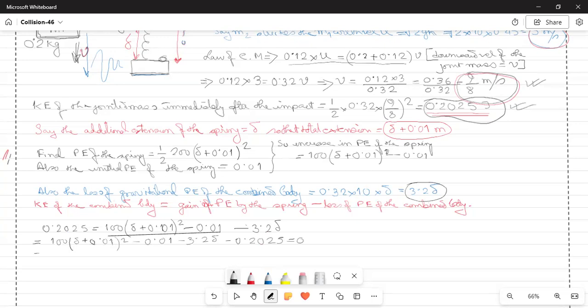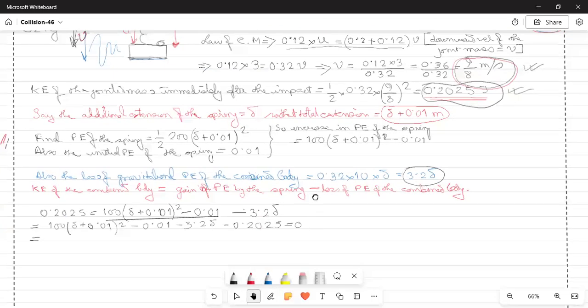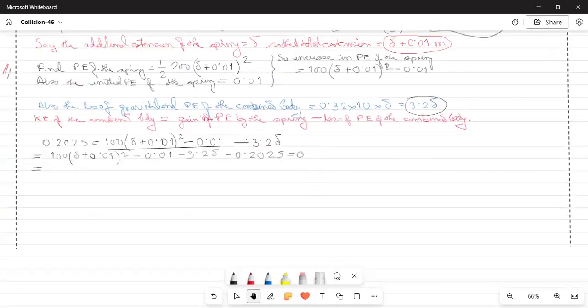From here we find, let us solve it vertically in one vertical line.